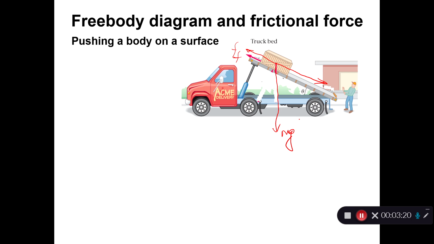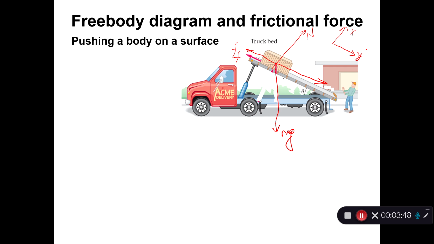I have to calculate the normal force to calculate the frictional force. The normal force is always acting perpendicular to the surface, which is along this direction, perpendicular to the inclined plane. I have freedom to choose the axes. I'll take the direction perpendicular to the plane as one axis, and along the inclined plane downward as the positive y direction.